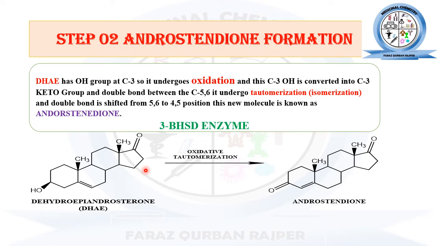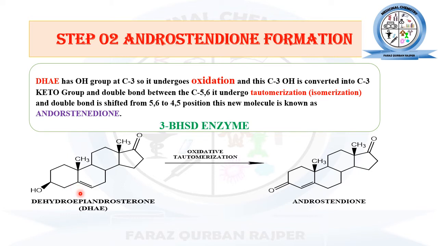Besides this, there is another interconversion that takes place inside the chemical structure, which is the tautomerization, happening because of the enzyme 3-beta hydroxysteroid dehydrogenase. This will cause the transfer of the double bond which is present between carbon number 5 and 6. This bond will be shifted to the position between carbon number 4 and 5.